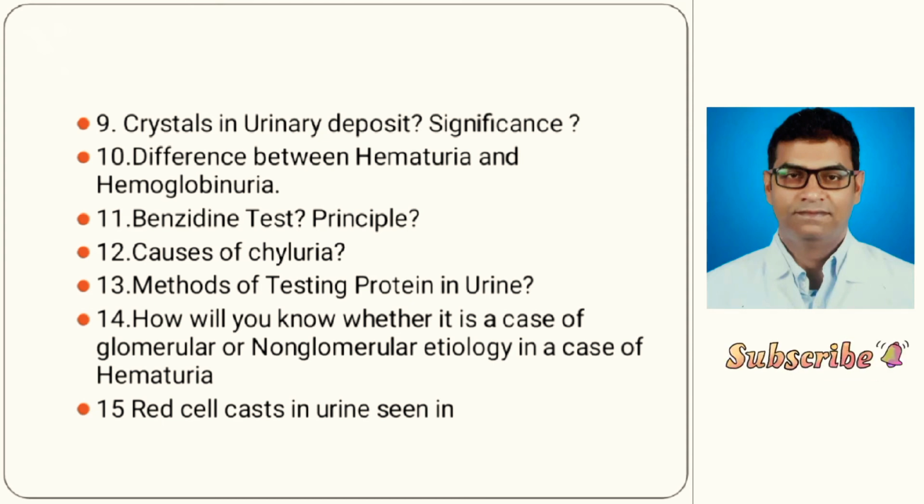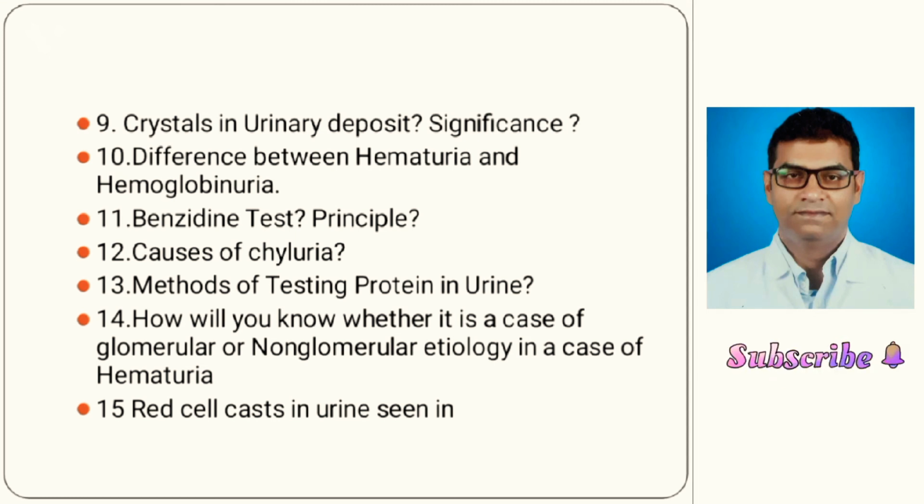Hemoglobin in the urine is present in cases of hemoglobinemia, and it is observed in intravascular hemolysis such as paroxysmal nocturnal hemoglobinuria, paroxysmal cold hemoglobinuria, and in incompatible blood transfusions. Hemoglobinuria is detected by the benzidine test.